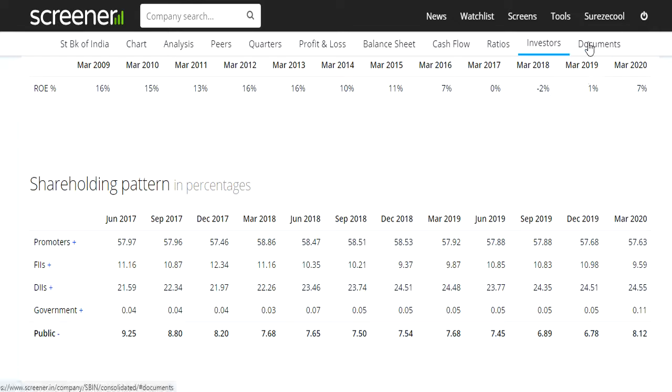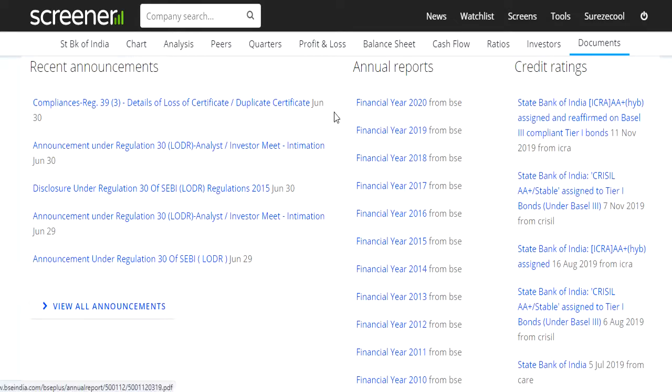And then the last one is documents. In these documents you can see the financial reports for each year. You can see the last 10 years of financial reports. If you are really interested in investing in any company for at least 10 to 20 years, then I recommend you read at least 4 to 5 years of the financial reports of that particular company.